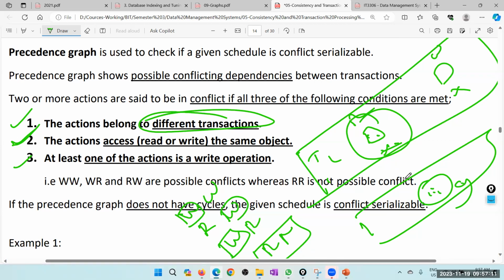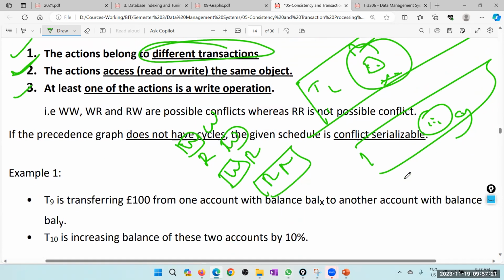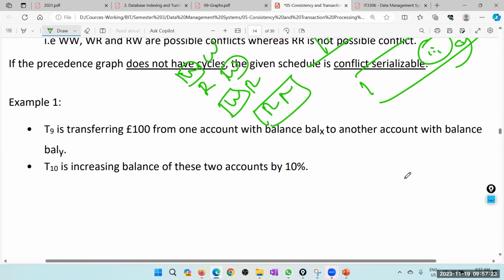So two different transactions, same data, one of the operations is a write. That is where the possible conflict is. Because in the exam, sometimes they give you different things and ask which of these have possible conflicts.